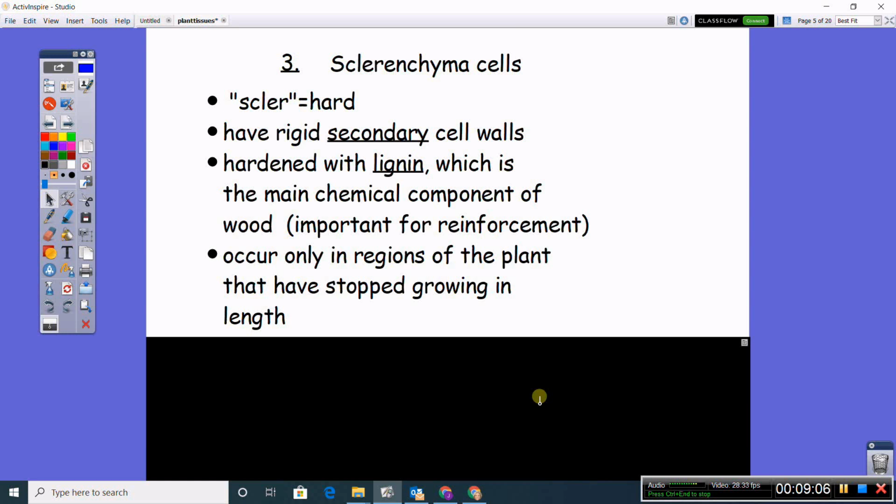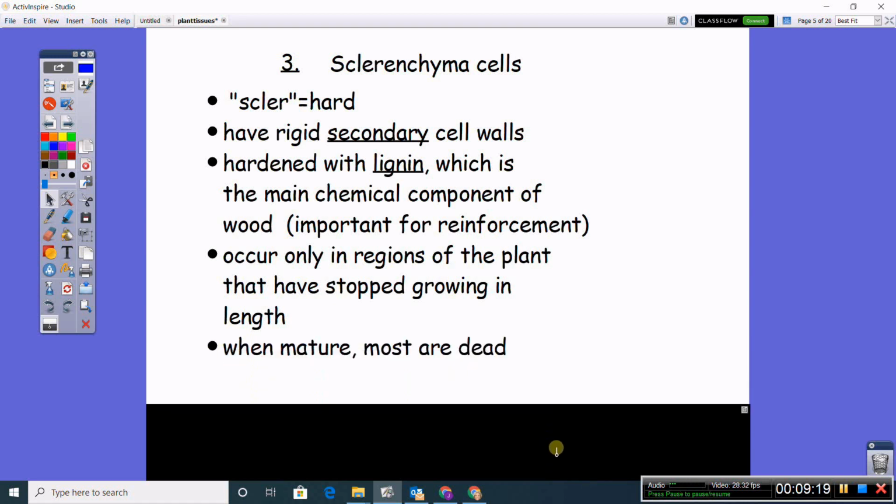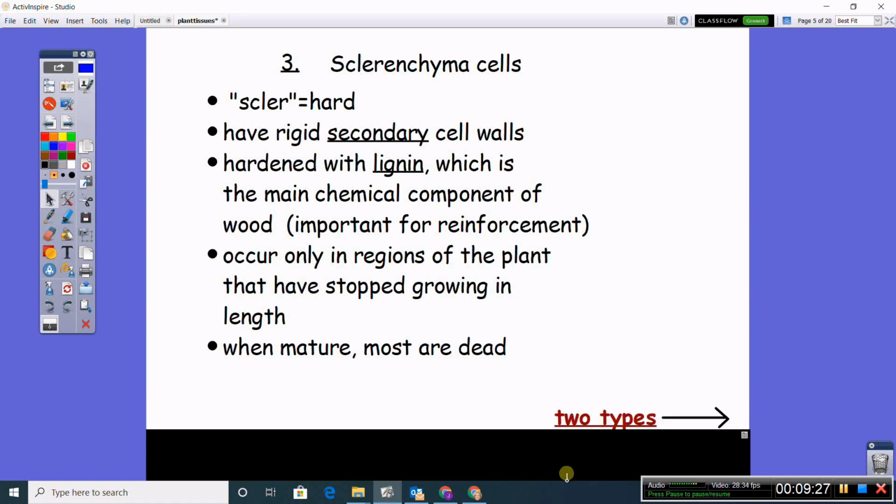So sclerenchyma cells only occur in regions of the plant that have stopped growing in length. Again, with these cells being more rigid, it wouldn't make sense for them to be in the parts of the plant that are still growing. And when mature, most of these are dead. Okay, and again, that's because of that lignin, that's because of that secondary cell wall.